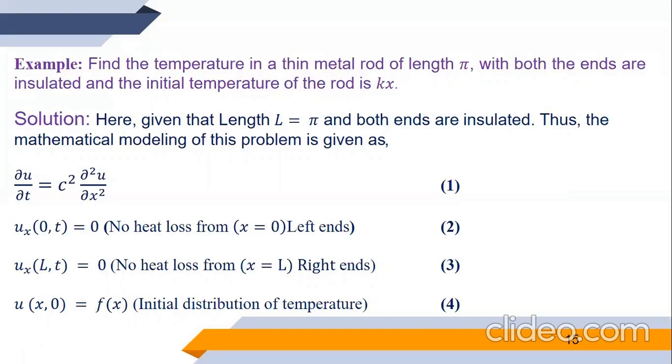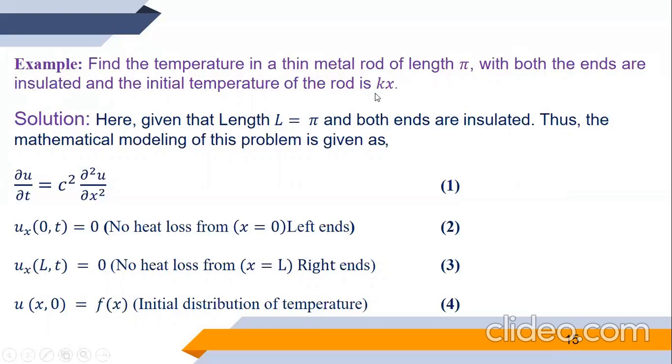So here given that the length L is pi. Also given that both ends are insulated. So obviously we use problem 2, because problem 2 is based on insulated ends. Third, here given that the initial temperature of the rod is kx.